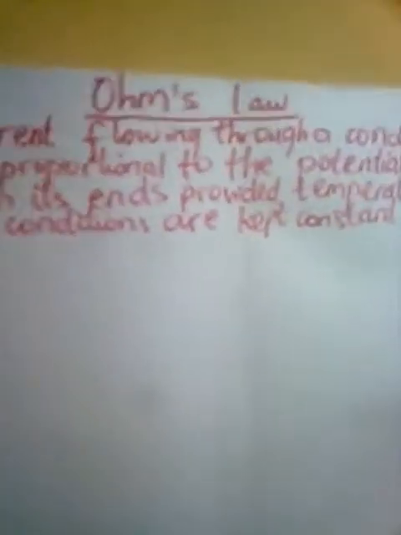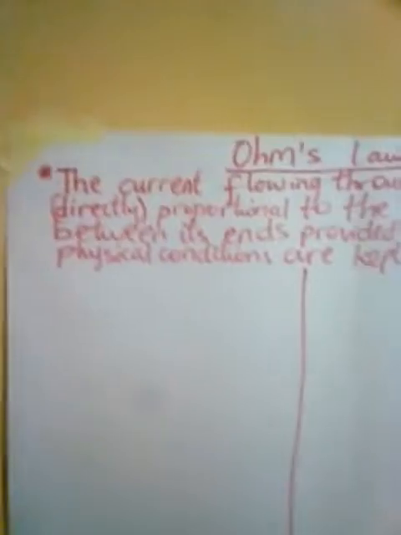Okay, we're back again, and this time we will be dealing with Ohm's law, which gives us the relationship between voltage and current flowing through a conductor or in a circuit.